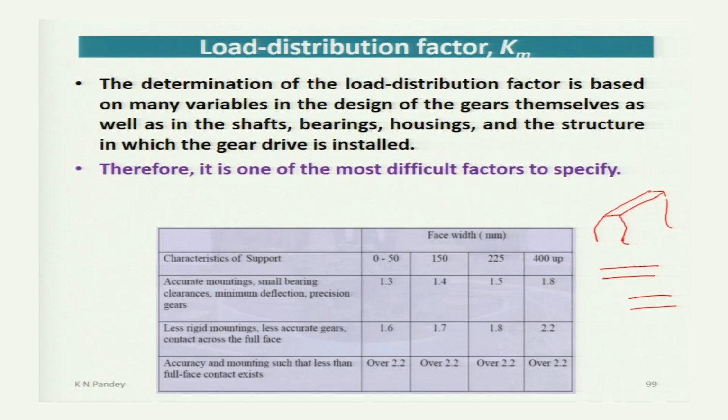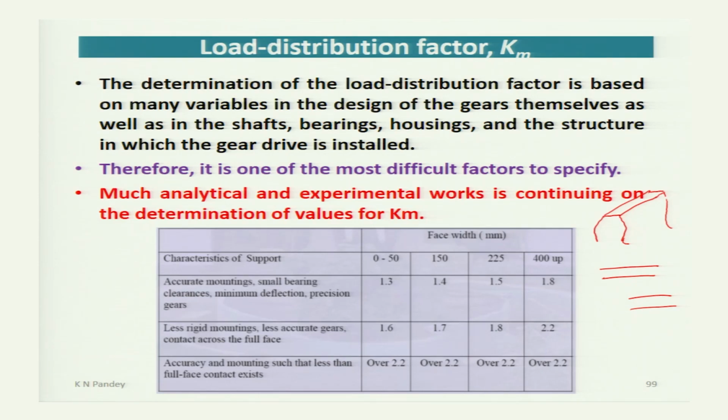So, various factors are responsible for non-uniform distribution of load along the width. Therefore, it is one of the most difficult factors to specify. Much analytical and experimental work is continuing on the determination of value of the Km.